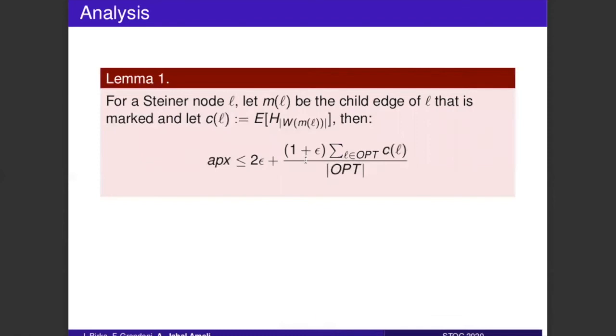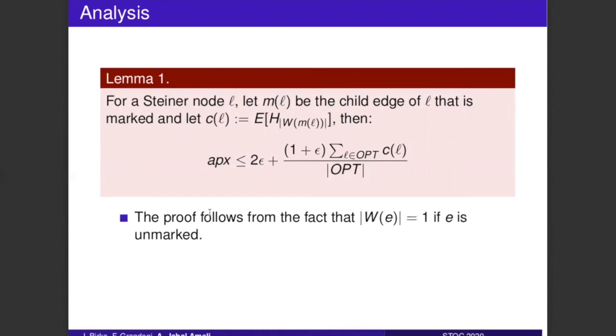Then we have this lemma in which we show that for a Steiner node L, if you consider M_L to be the child edge of L that is marked, and consider C_L, basically the cost of L, to be the expected value of h of size of W of M_L, then we show that our approximation factor for the connectivity augmentation problem is almost equal to the average cost of the links.